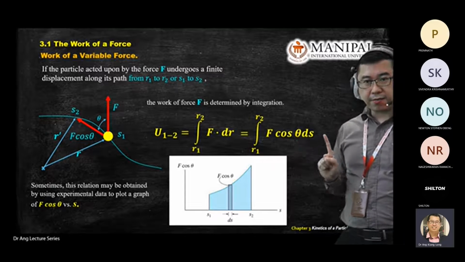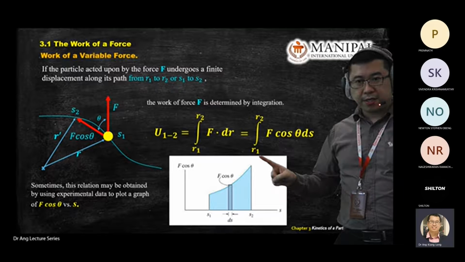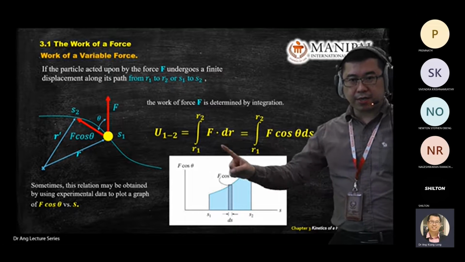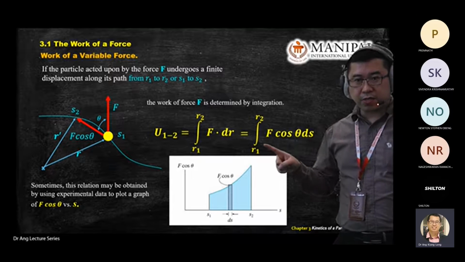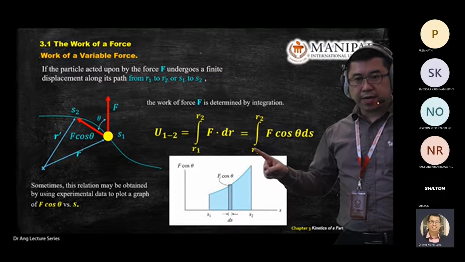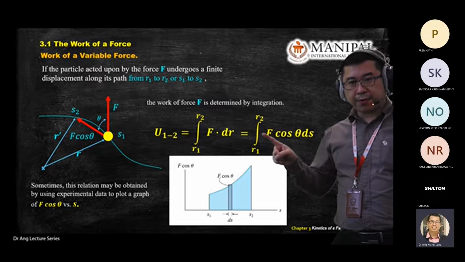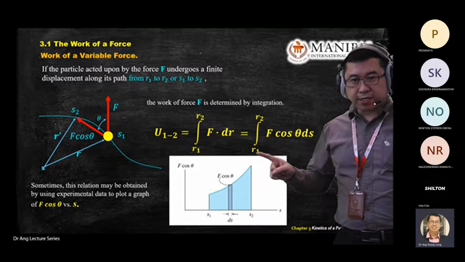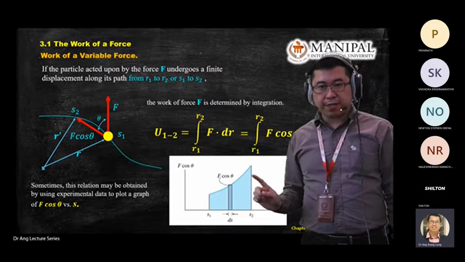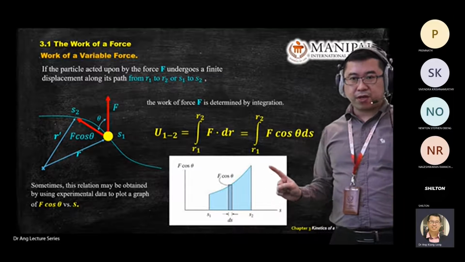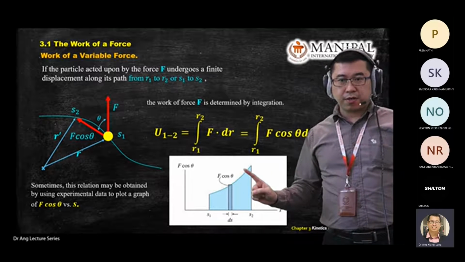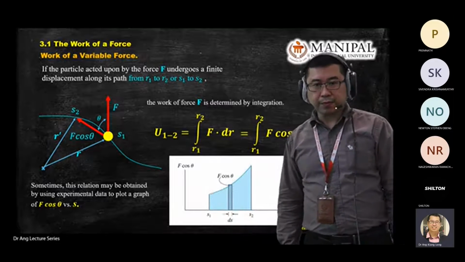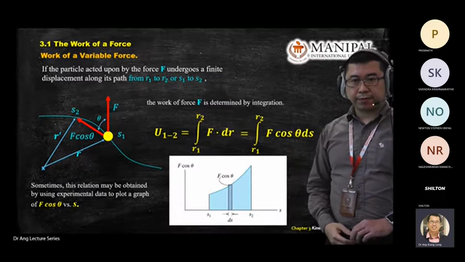It should be S, because I'm integrating with S. When I change my dr integration to ds, the limit is not r, it should be s, S1 to S2. Take note, typo error on my slides. So basically, if you look at this diagram, it's the area under the curve of your graph.